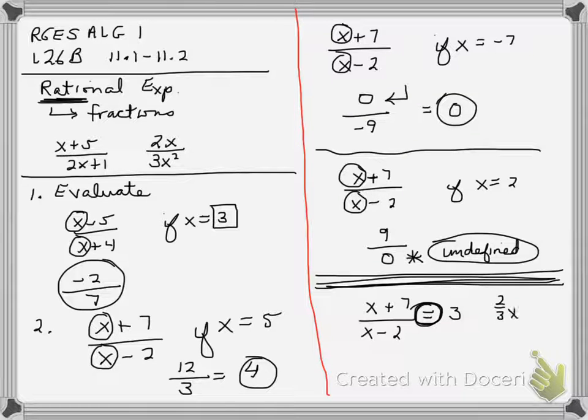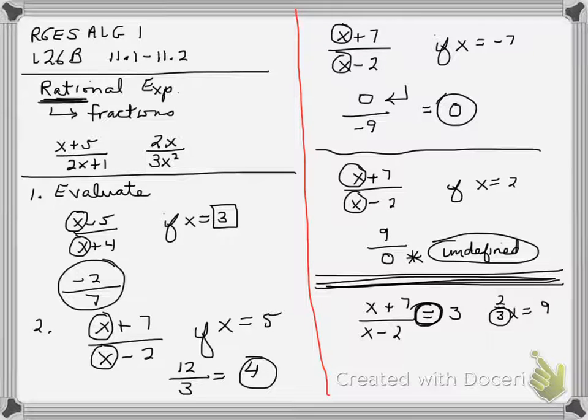Well, what if I had 2/3 x equals 9? What would I do? Well, I would probably multiply by the reciprocal, or I could think I would multiply by the denominator and then divide by the numerator.